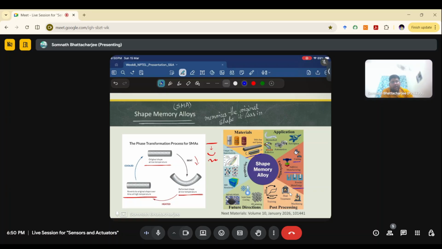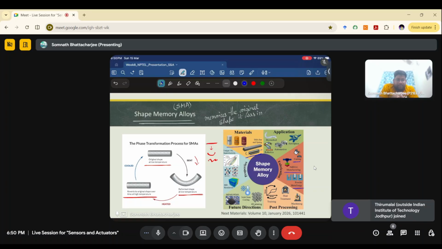So why do you think a spring made of shape memory alloy is a very good thing? Any ideas why springs made of shape memory alloy will be very helpful, and which kind of application it will be very useful for? Any ideas? A bar is completely normal, right?